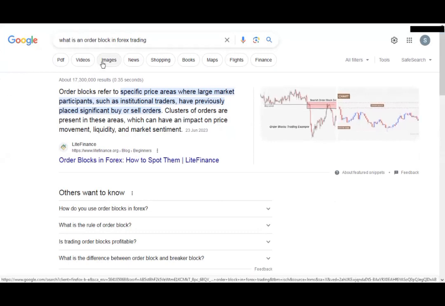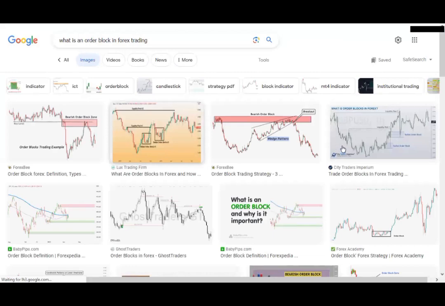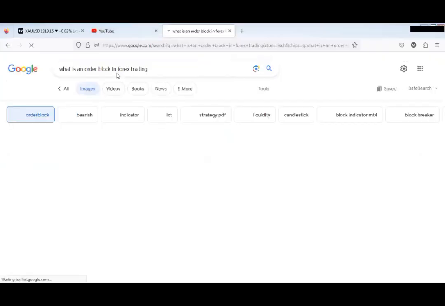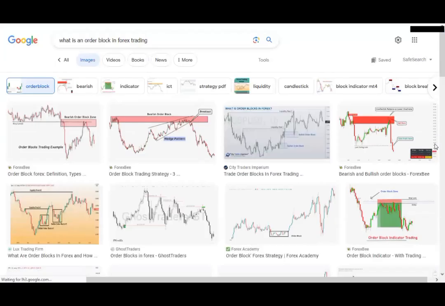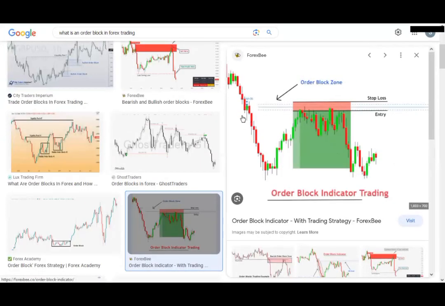That's what it means. That's like the area where markets will be looking to go to activate orders. Like somewhere like this. Take an example. This one, there's an order block. Price taps into the order block and it falls down.